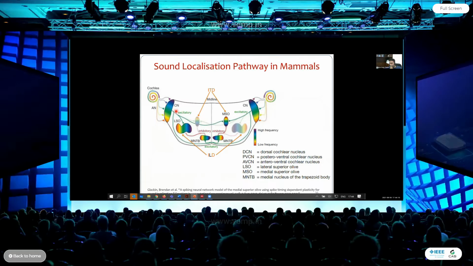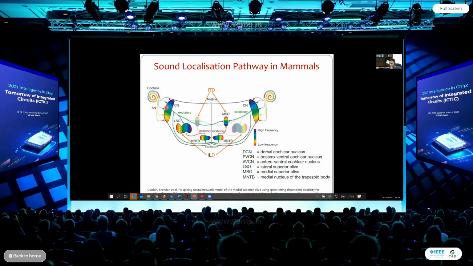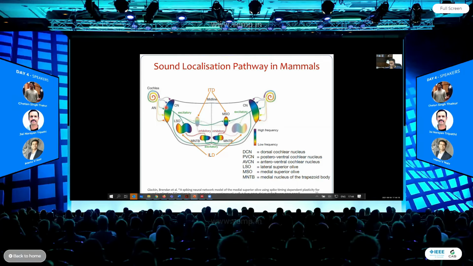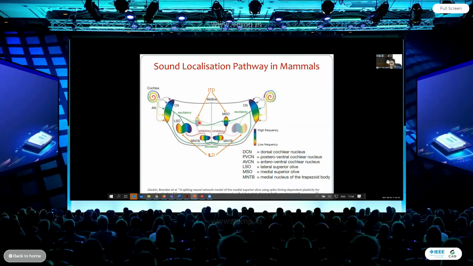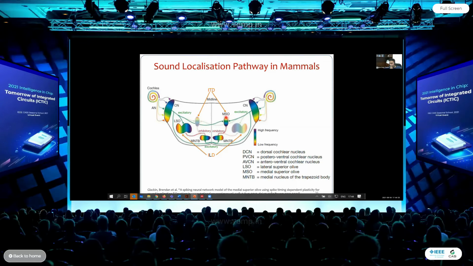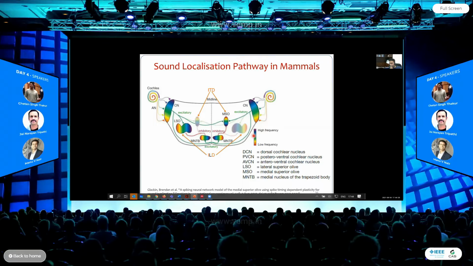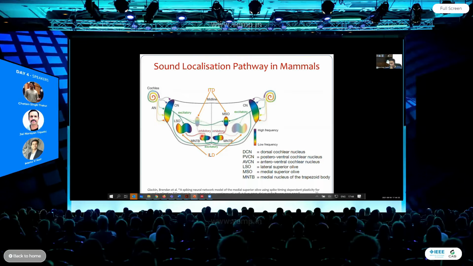So we use mainly two phenomena, as I said. ITD, which is the interaural time difference, is coded in the neuron, and ITD is calculated by a coincidence detecting neuron in the MSO, the medial superior olive, here. And then you have ILD, which is the loudness level difference because of the head shadow, right?